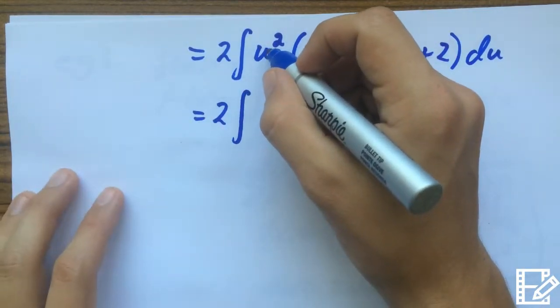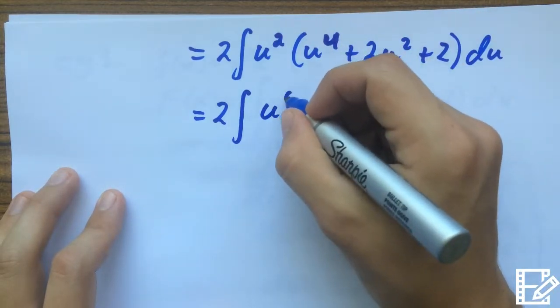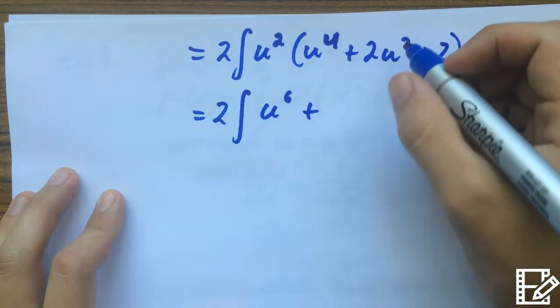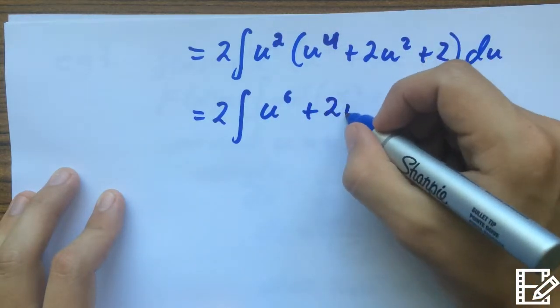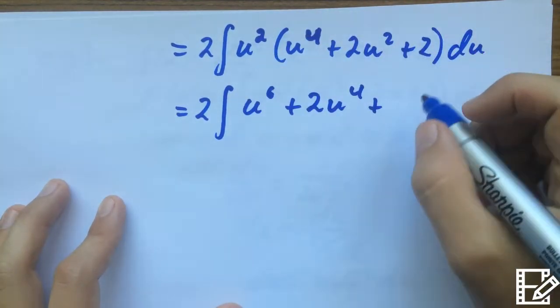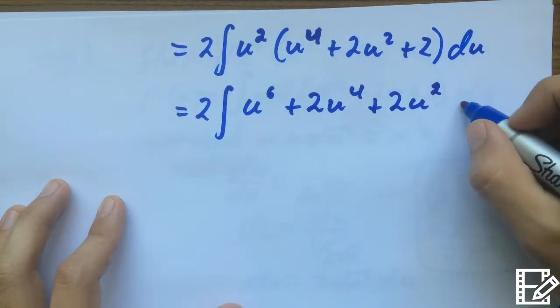So u to the power of 2 multiplied by u to the power of 4 is u to the power of 6, plus u to the power of 2 multiplied by 2u to the power of 2 is 2u to the power of 4, and u to the power of 2 multiplied by 2 is just 2u to the power of 2 du.